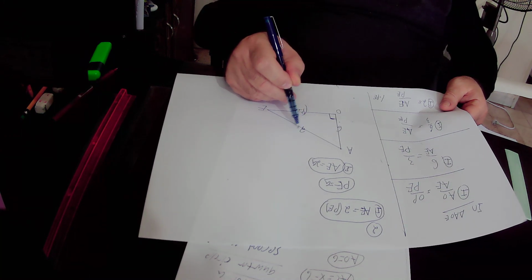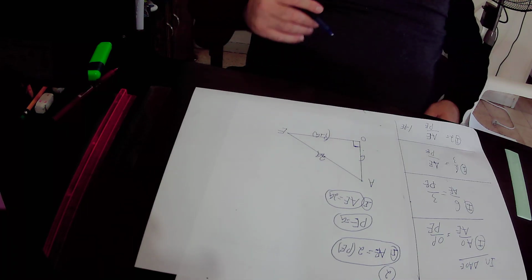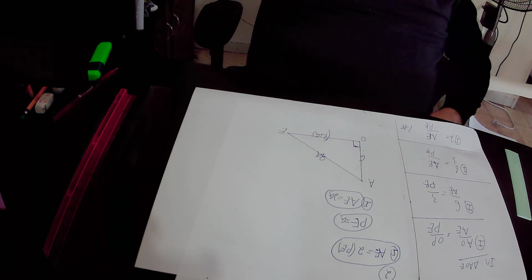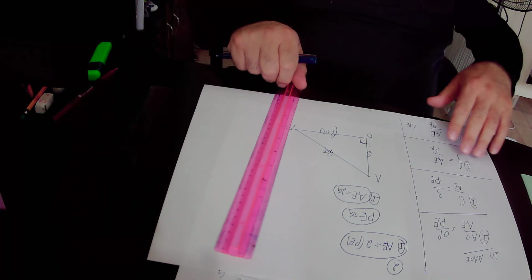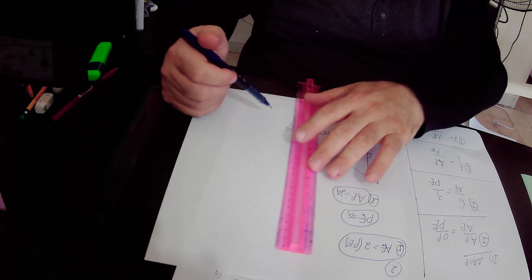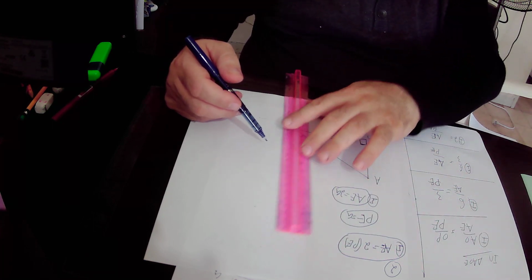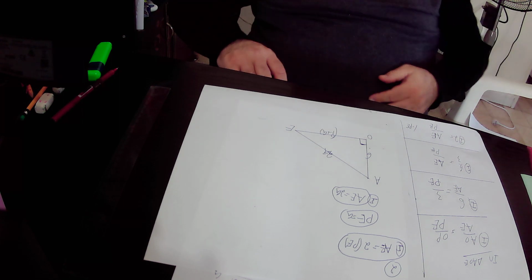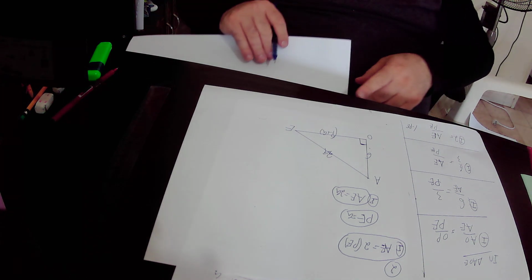Now we will implement the Pythagoras theorem on the right triangle AOE in order to find out the value of a. According to the Pythagoras theorem, the square of the hypotenuse equals the sum of the squares of the perpendiculars.